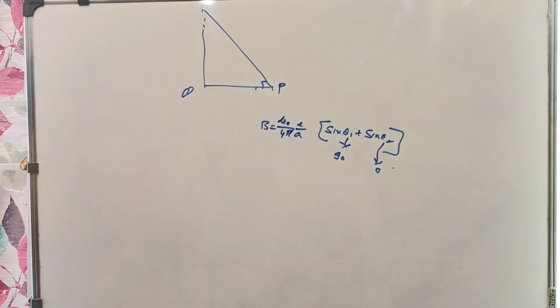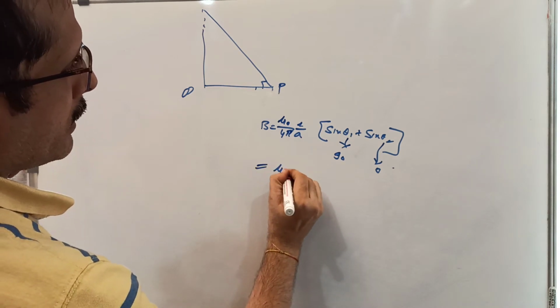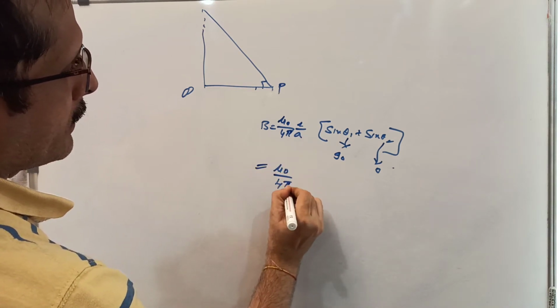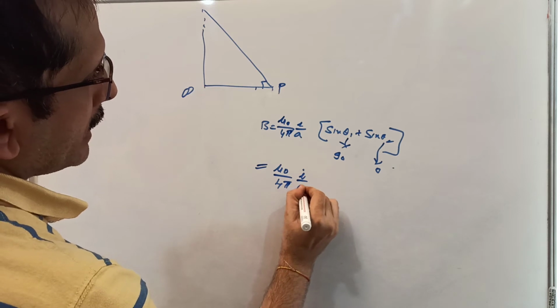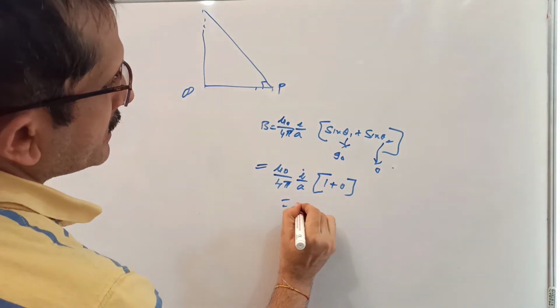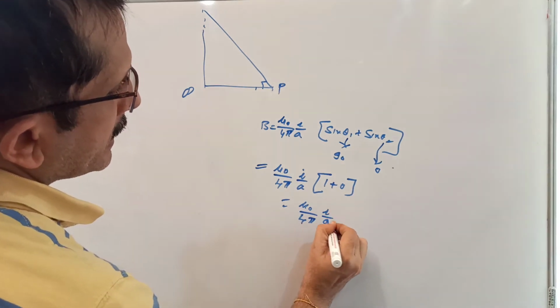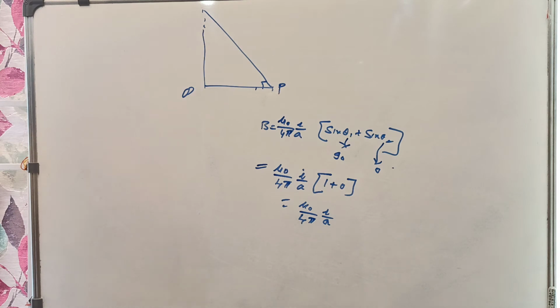So it will become mu naught by 4 pi, I by a, into 1 plus 0, and this is mu naught by 4 pi, I by a in the case of a semi-infinite wire. Okay, very good.